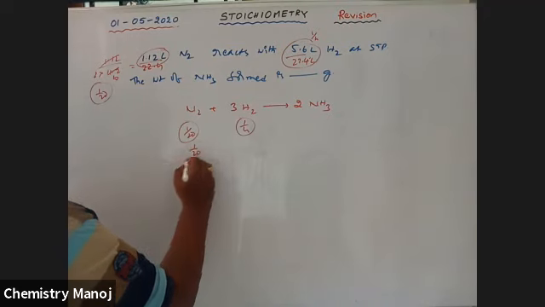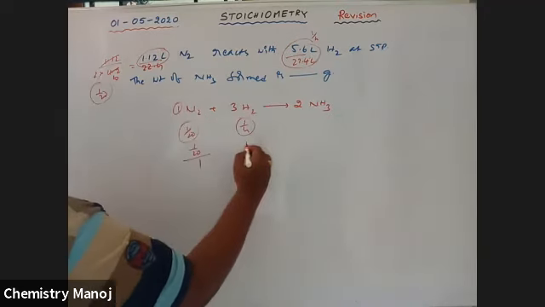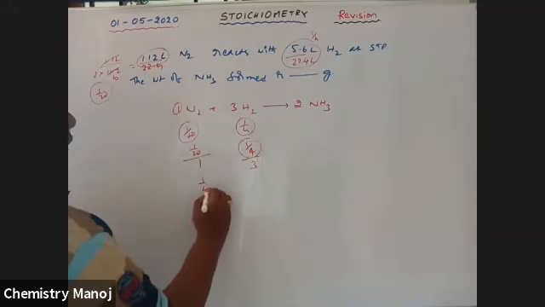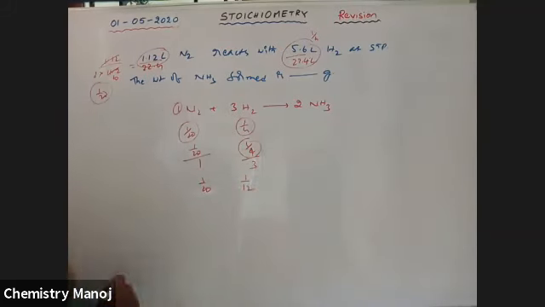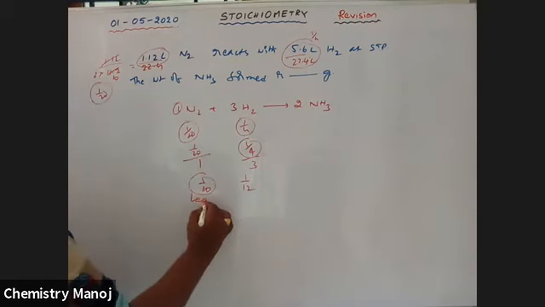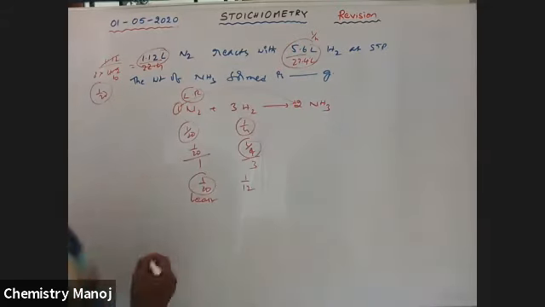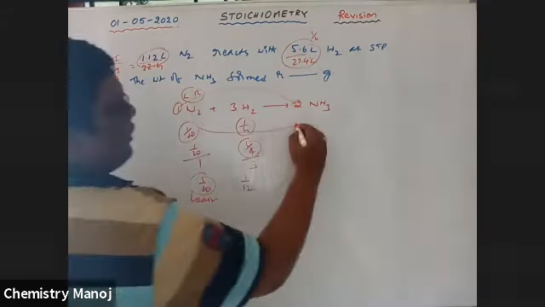This is 1 by 20 by 1, and this is 1 by 4 by 3, that is 1 by 12. Which one is least? This is the least, so it is the limiting reagent. 1 mole gives 2 moles ammonia. 1 by 20 gives how many moles?